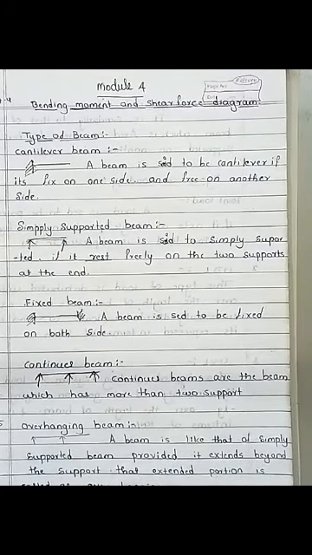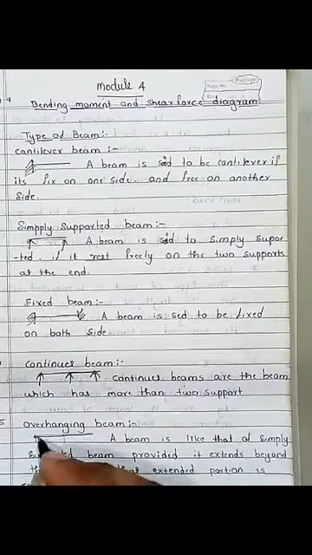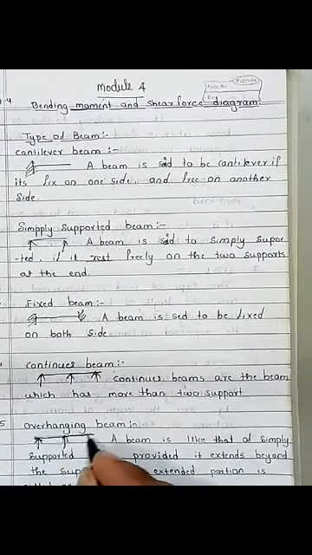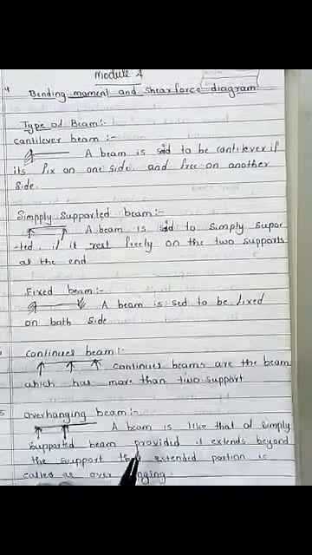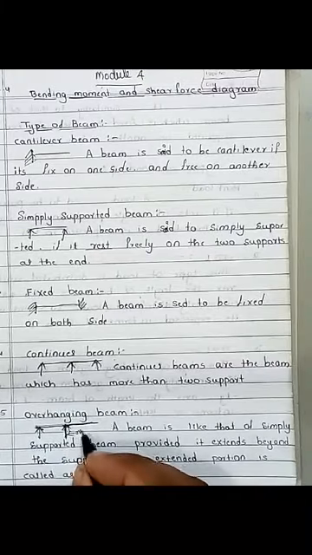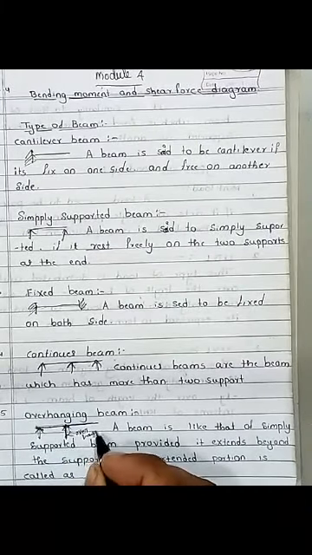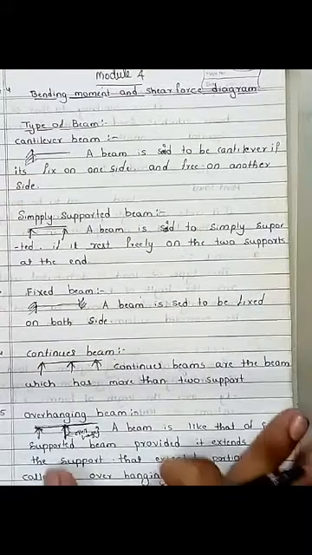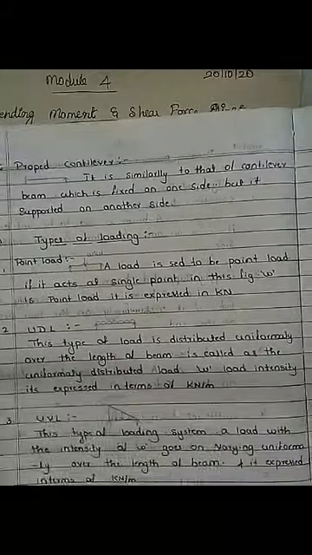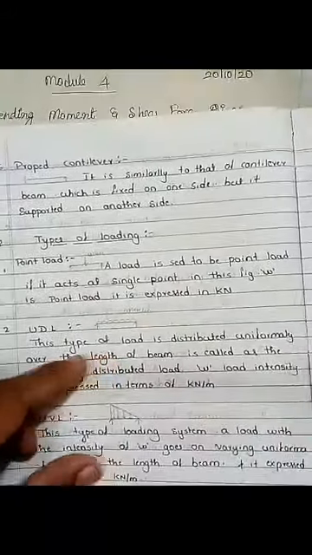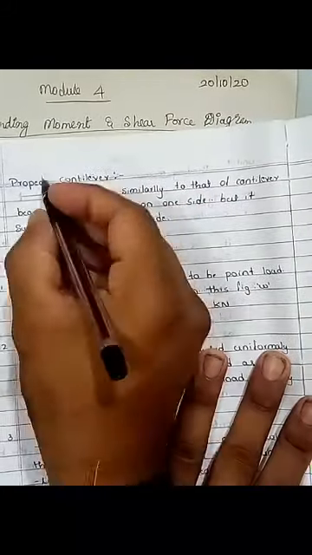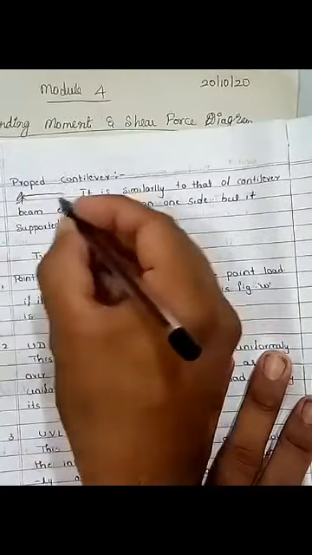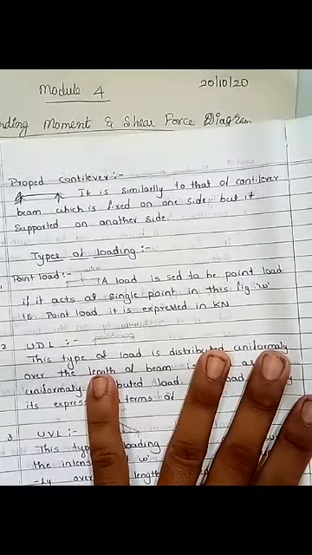That extended portion is called overhanging. So these are the types of beams. One more is the propped cantilever. It is similar to a cantilever, which is fixed at one end but supported at the other end.